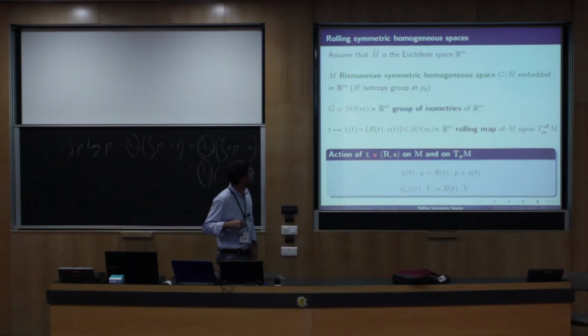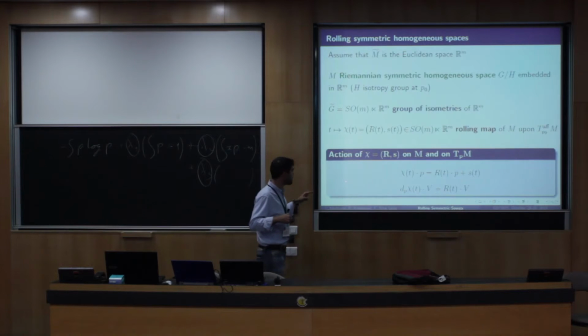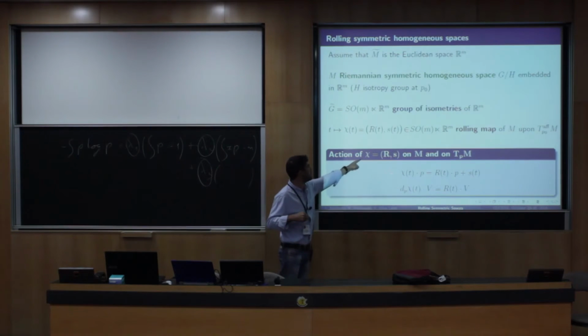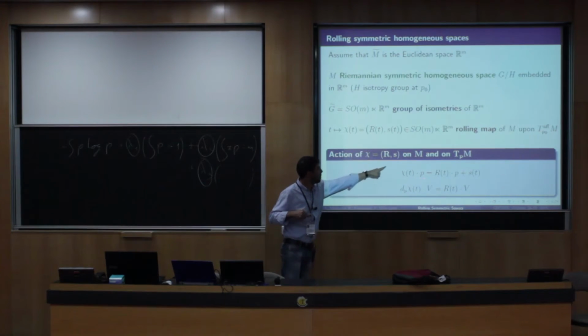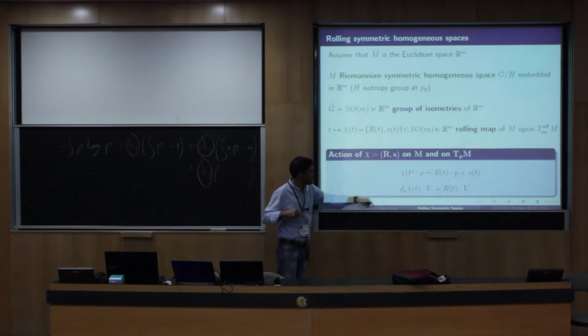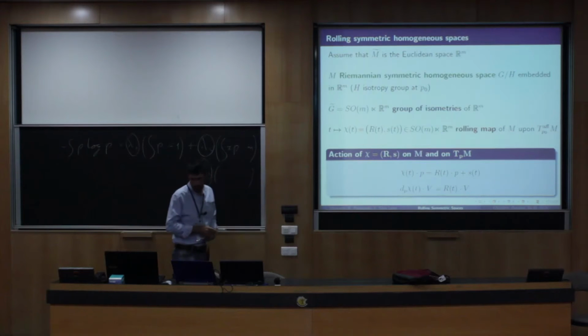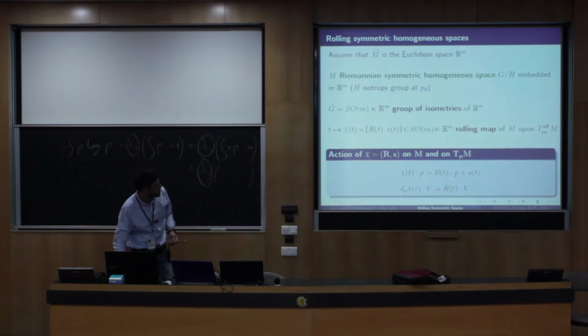The Lie group action enables us to establish the action of this mapping on M and on T_P M by just doing this. Those are the natural mappings.